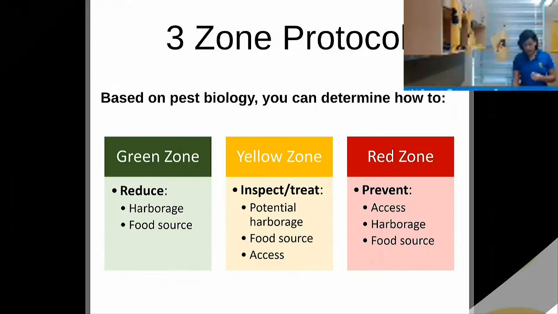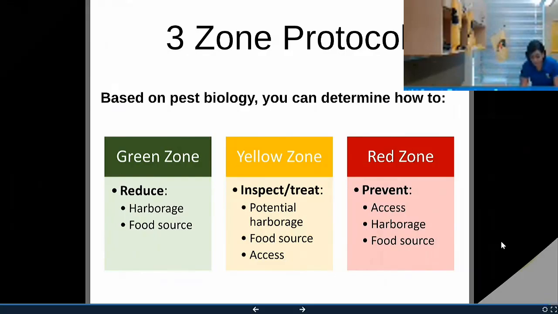In those areas, we want to do prevention of harborage, keeping everything neat, organized on shelves, away from the floors, away from the walls, all the organic material clean, the drains with cover, no standing water, okay? And in the red zone, we also do monitoring.